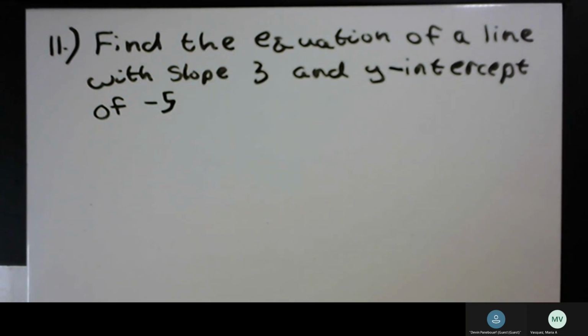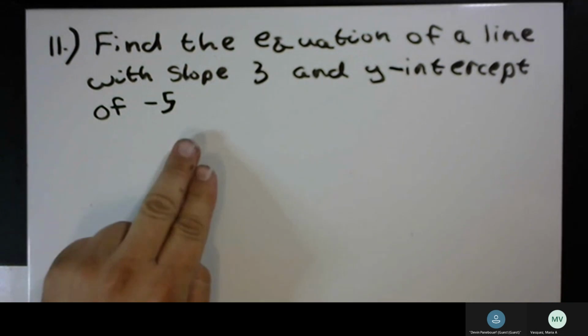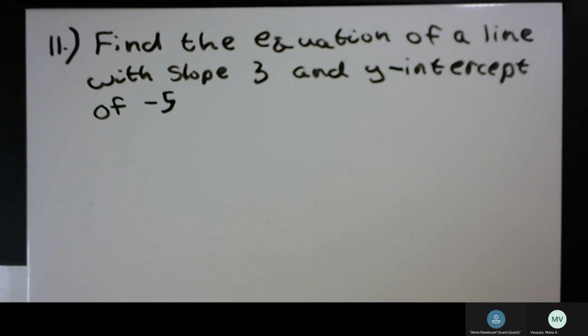So what we're going to do here, when we have a slope and a y-intercept, now if we have an x-intercept, we have to use the point slope formula. That's just something we're going to have to do.